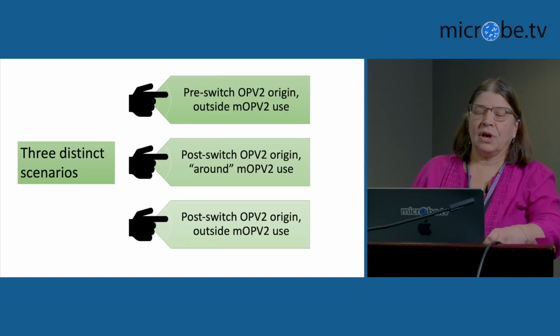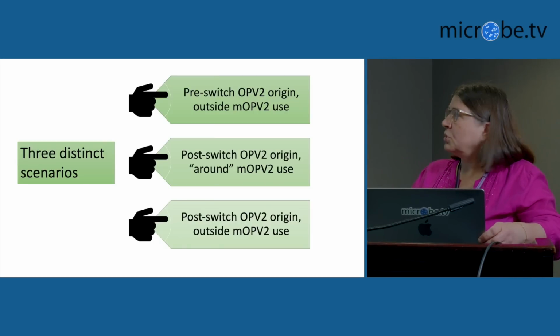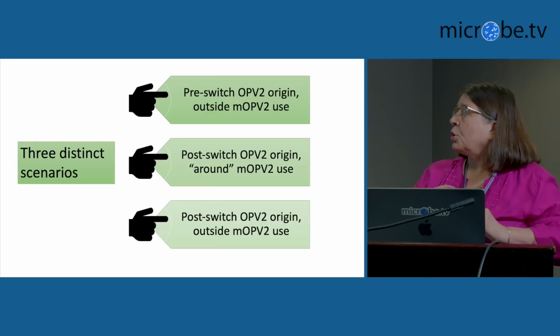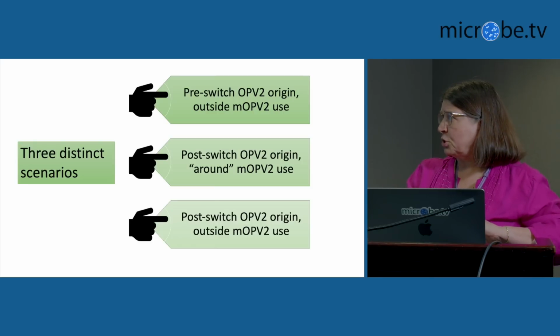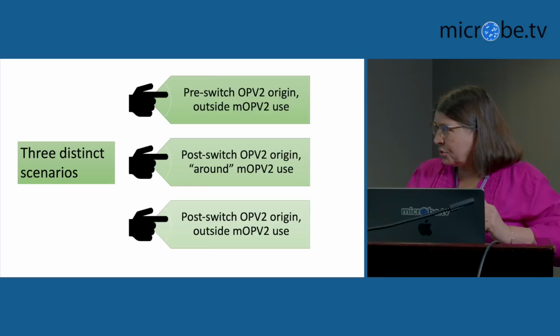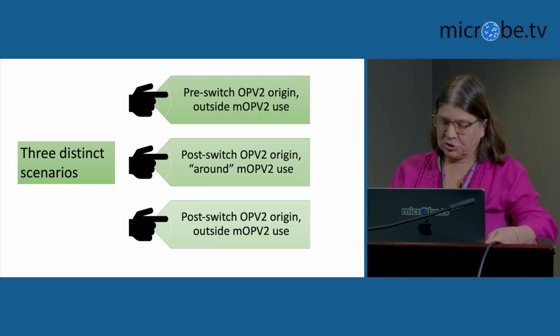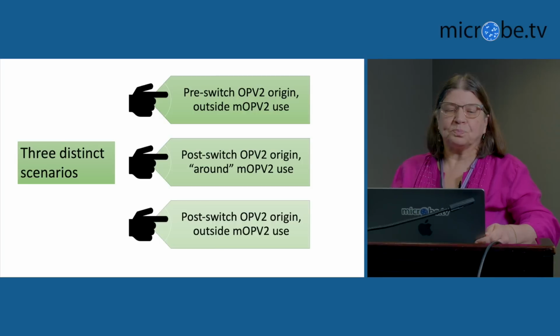So some of these viruses fall into different scenarios, either pre-switch OPV2 origin, but outside of the time of mOPV2 use, or post-switch OPV2 origin around the time of mOPV2 use. Another category is post-switch OPV2 origin outside of that period of mOPV2 use, and now we have a complication of nOPV2 in addition.